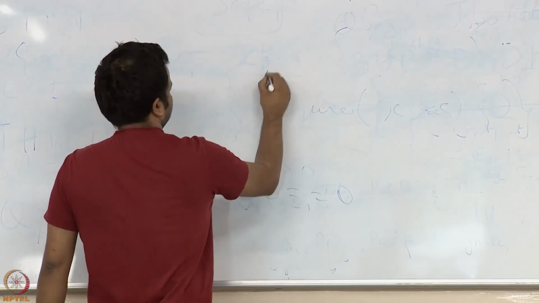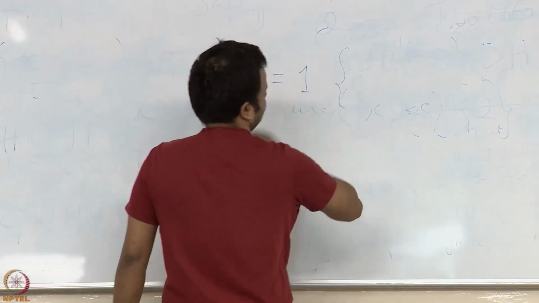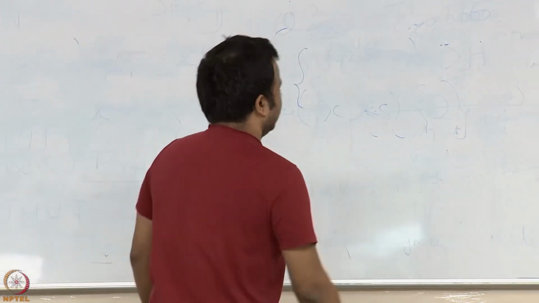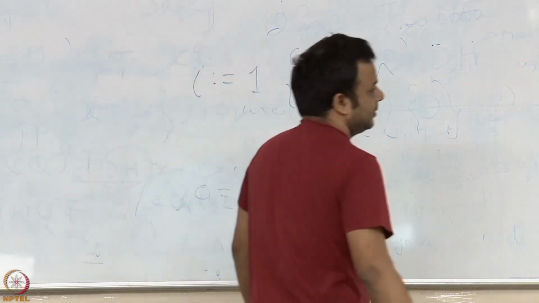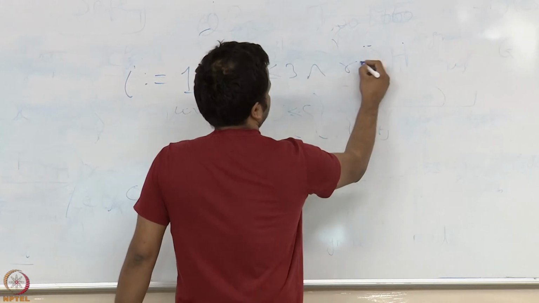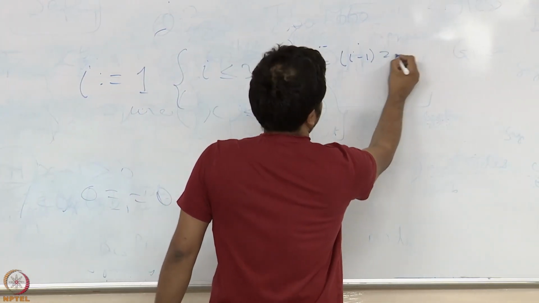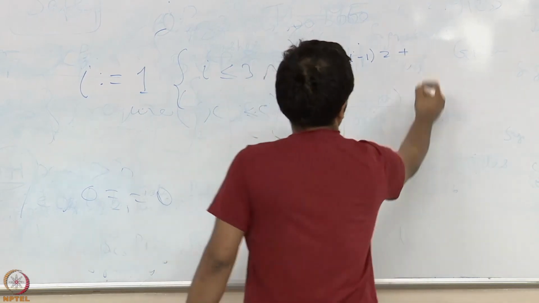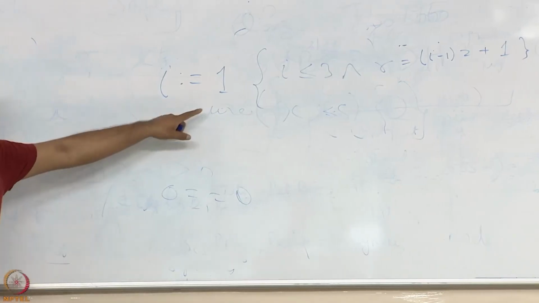I should write bigger. I equals 1, and the landing property is I less than or equal to 3 and R equals (I minus 1) times Z plus 1. So how do I get this formula? Put the value of I equals 1 there.